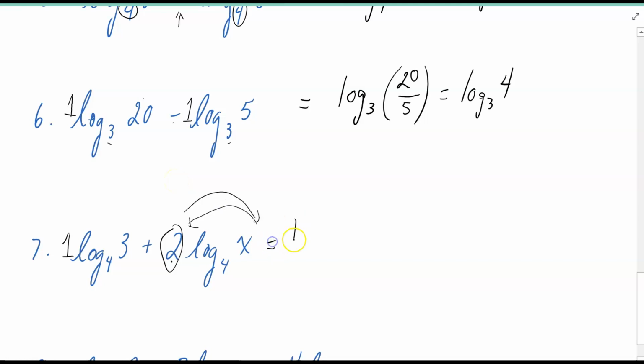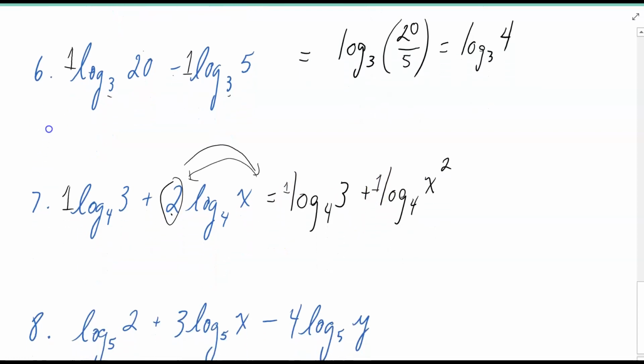So this is actually equal to log base 4 of 3 plus log base 4 of x squared. Now they're both leading coefficient 1, and so they can be combined. They'll be combined by making a product of the two arguments because we have a sum in between. Log base 4 of 3 times x squared.